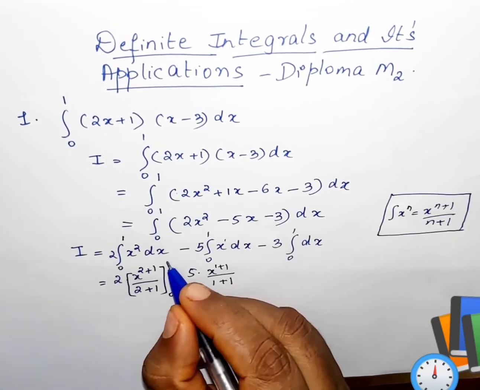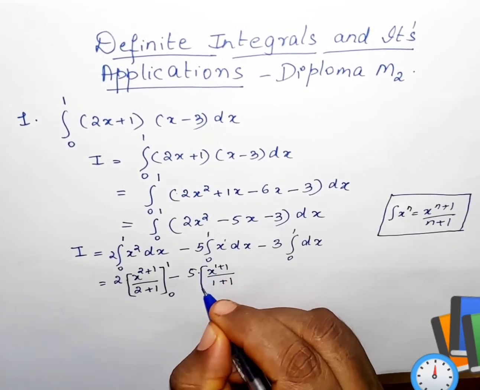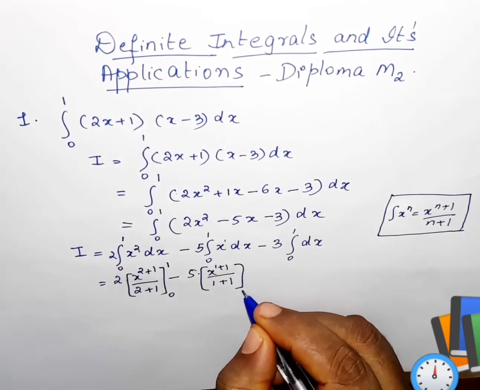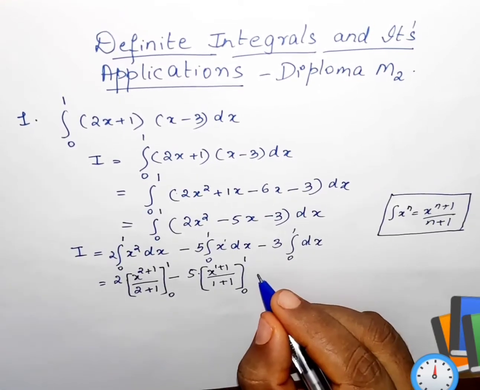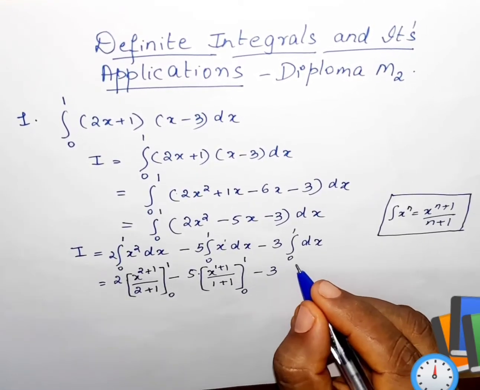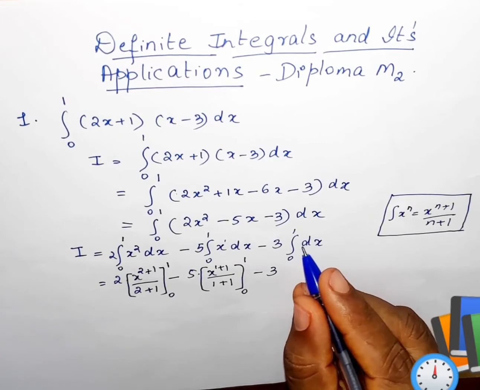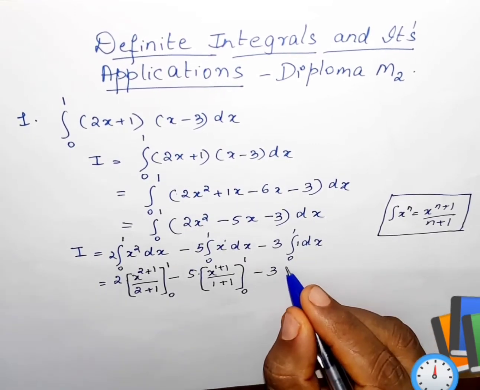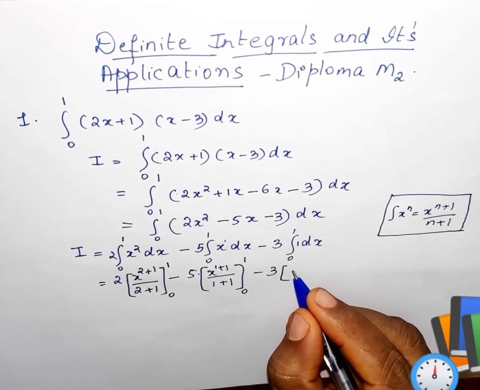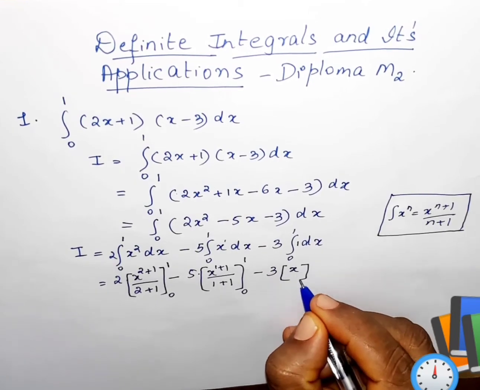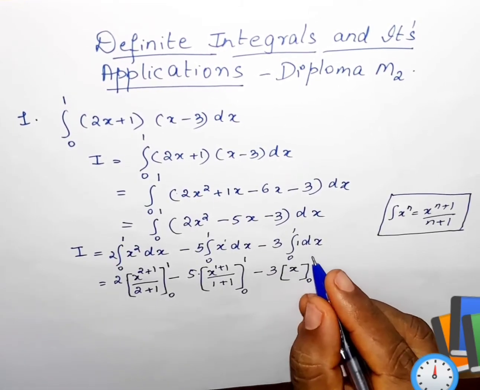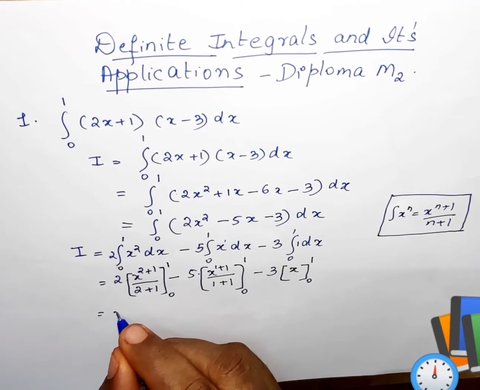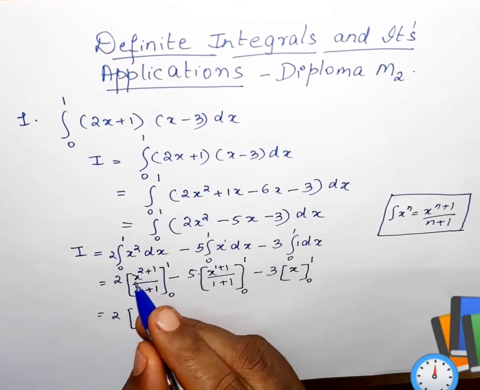Let us write the terms in the bracket and let us write the lower limit 0 and the upper limit 1 minus 3 into integral dx means it is integral 1 dx. The formula for integral 1 dx is x, and let us write the term in the bracket with the upper limit as 1 and lower limit as 0.